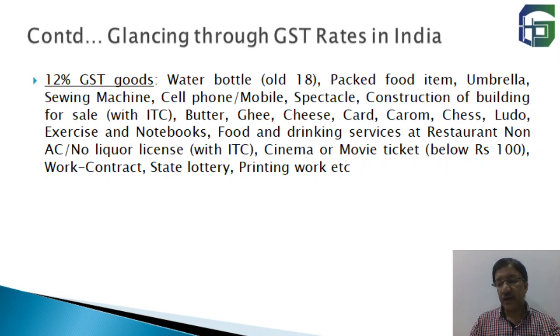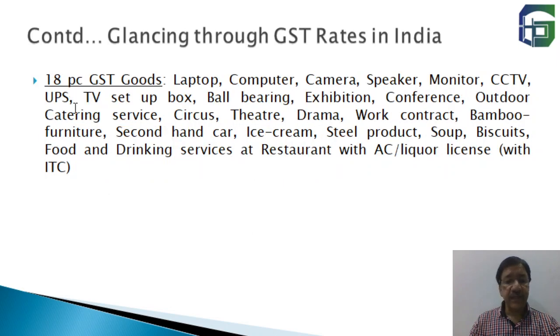Now you see, in the next slide, 18% GST goods: laptop, computer, camera, speaker, monitor, CCTV, UPS, TV set, set top box, ball bearing, exhibition, conference, outdoor catering services, circus, theater, drama, work contract, bamboo furniture, second-hand car, ice cream, steel product, soup, biscuits, food and drinking services at restaurant with AC and liquor license with ITC.